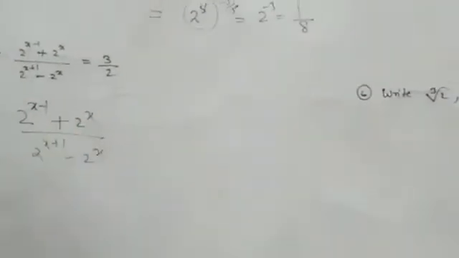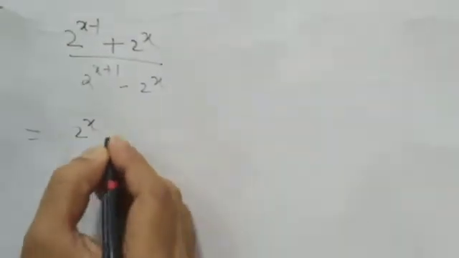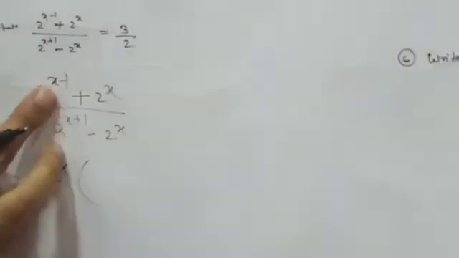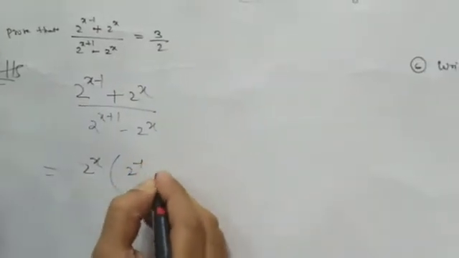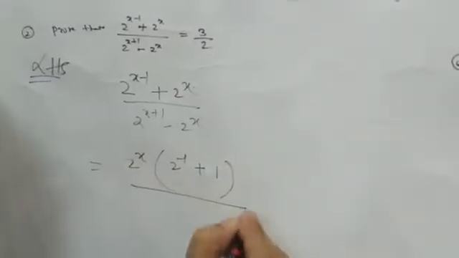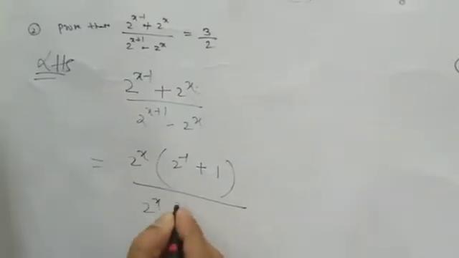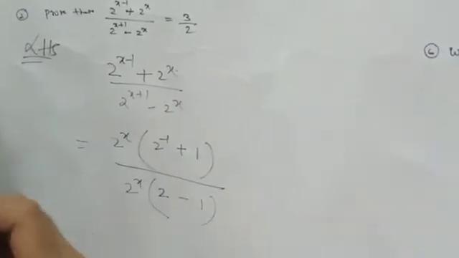So you take common. What is common here? If I am taking 2 to the power x common, when you take out 2 to the power x, we are left with 2 to the power minus 1, and this part you have taken 2 to the power x, so we are left with 1. In the denominator, 2 to the power x we have taken common, we are left with 2 minus 1.